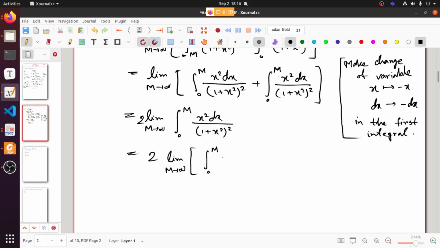So what happened? If you add and subtract, the first one becomes dx by 1 plus x square, and subtracting you have minus 1, then it becomes integral 0 to m dx by (1 plus x square) whole square. So you add and subtract plus 1 minus 1, then it becomes like this, right?